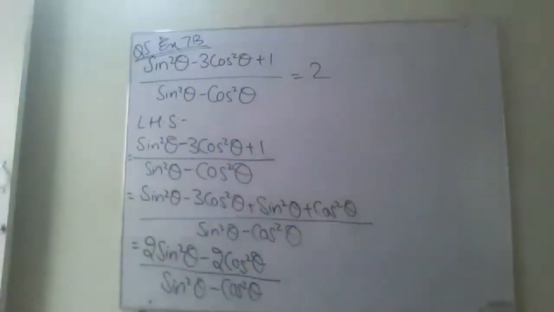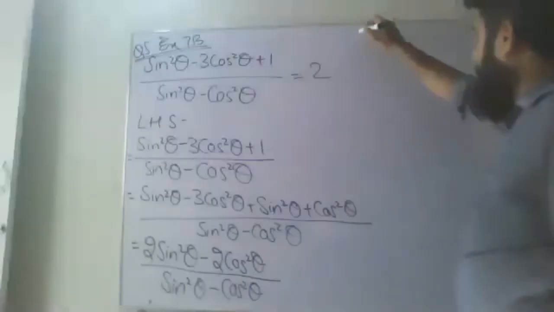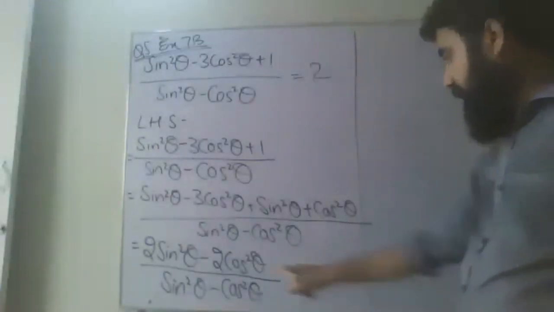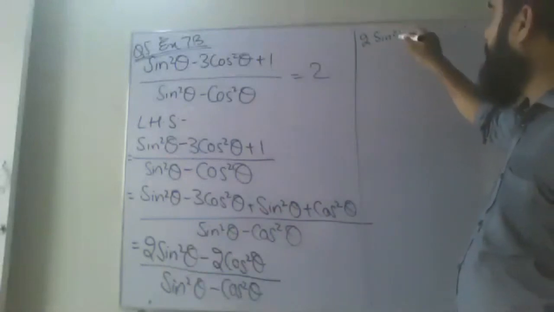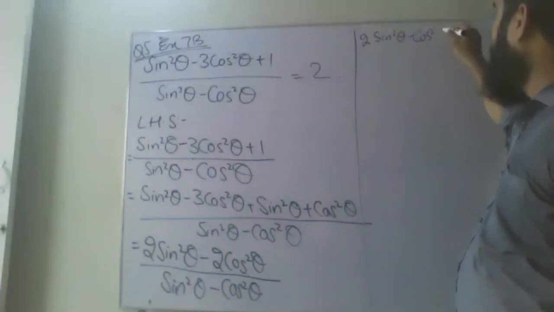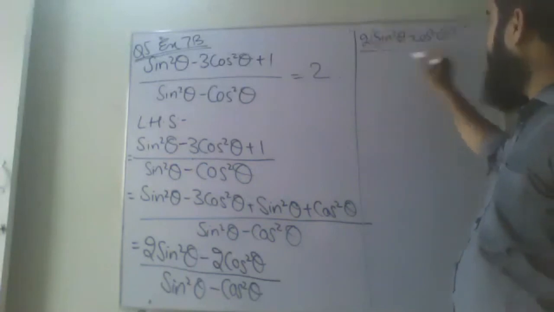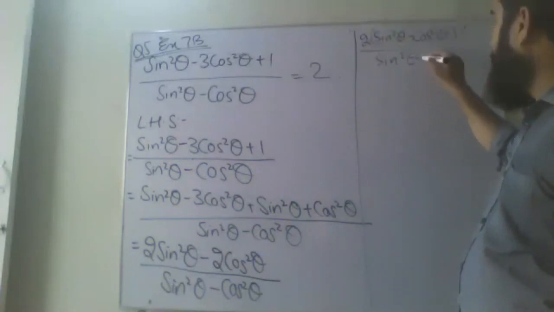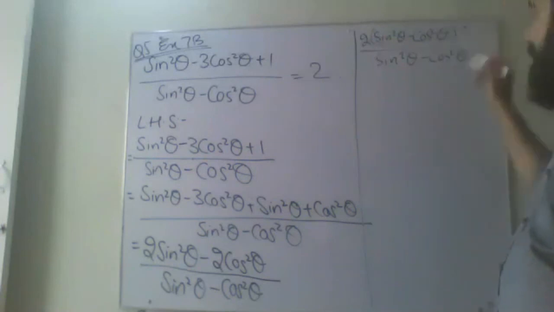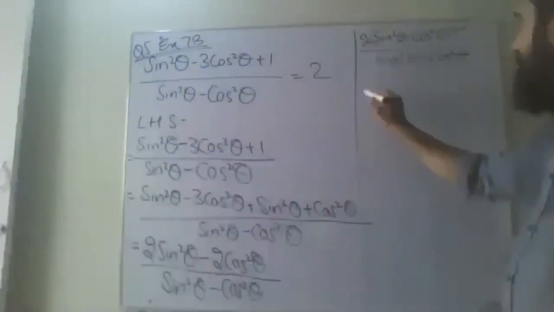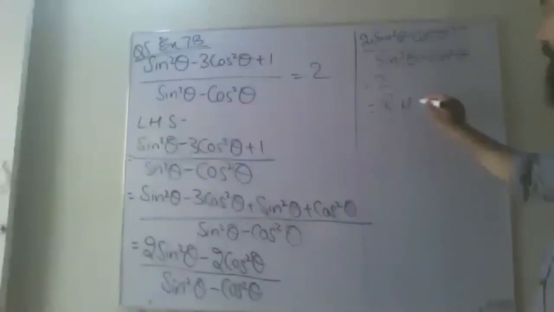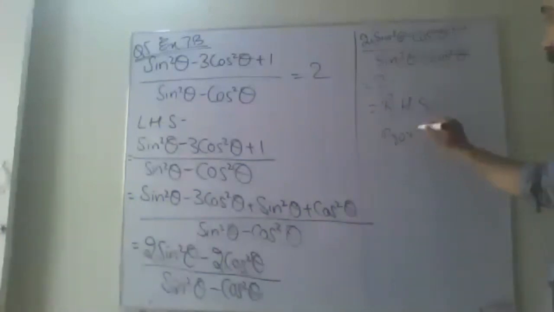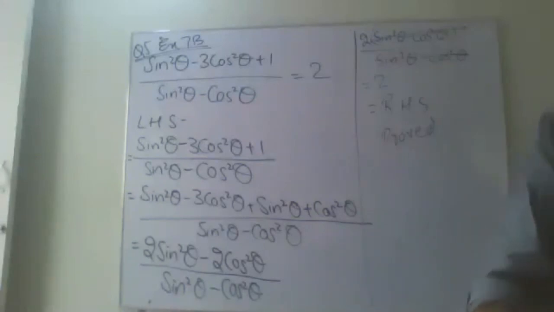Now from this step I can take 2 common, so it becomes 2 times sine squared theta minus cos squared theta over sine squared theta minus cos squared theta. After this, numerator and denominator cancel. What remains is 2, which equals the right hand side. So my identity is proved.